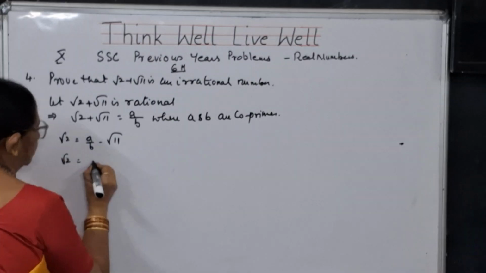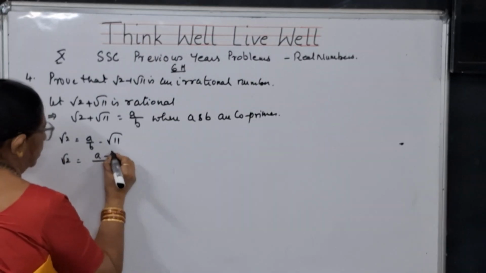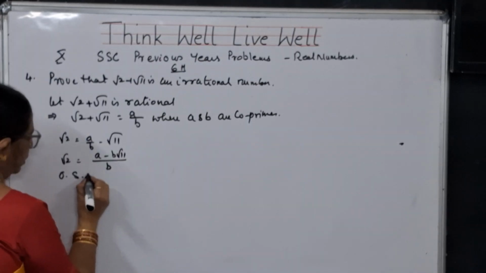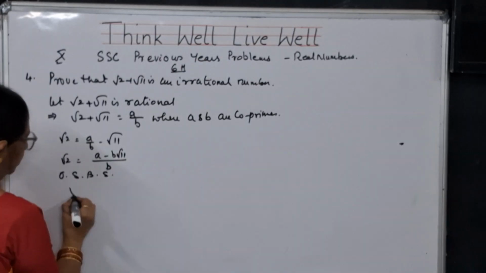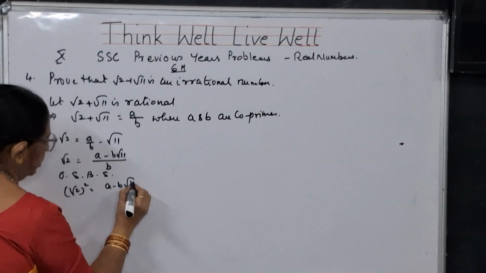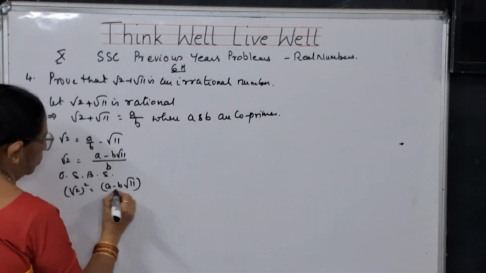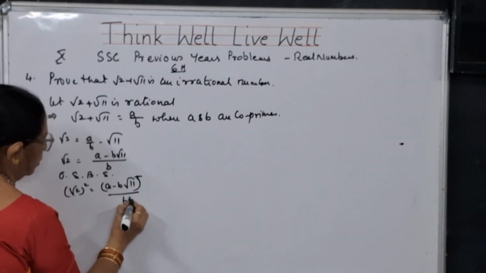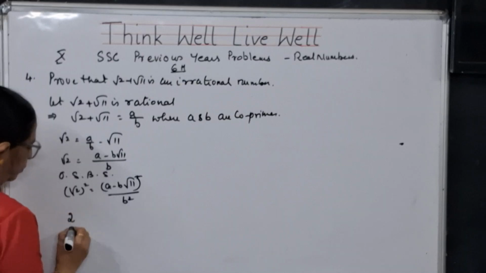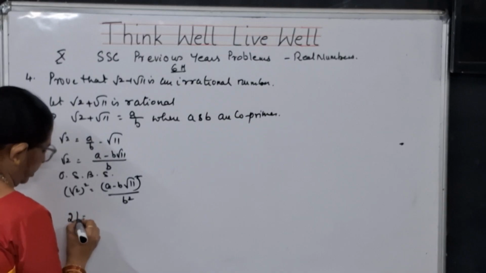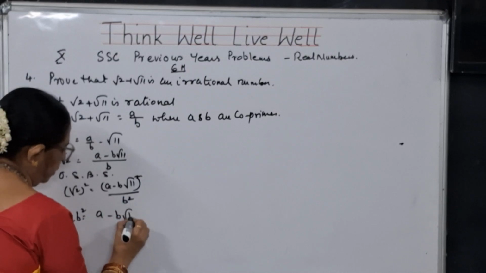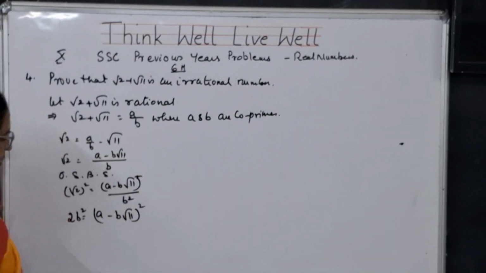That means root 2 is equal to, b is LCM, a minus b root 11. Now on squaring both the sides, root 2 whole square is equal to a minus b root 11 whole square by b square. That means 2b square, I'll send this b square here, is equal to a minus b root 11 whole square.